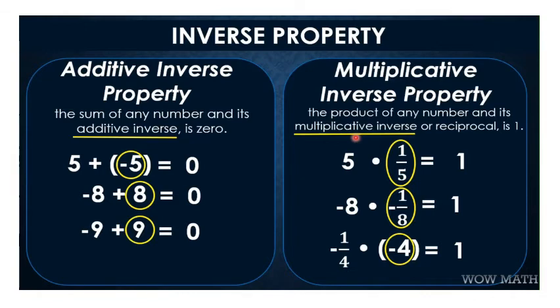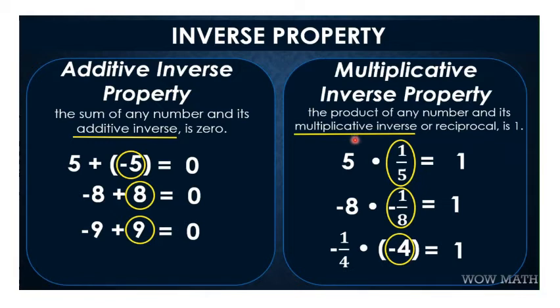Now, lilinawin ko ulit na ang additive inverse natin at multiplicative inverse ay magkaiba. Pag sinabi nating additive inverse, it's the opposite. Positive, you will add negative. Negative, you will add positive. Pag sinabi naman nating multiplicative inverse, yung number mo, kukunin mo yung reciprocal niya.